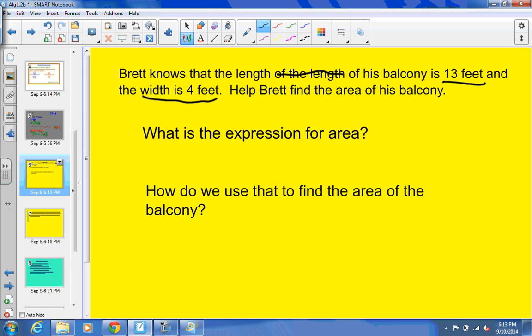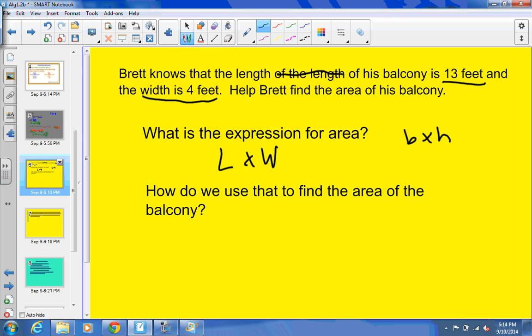You're probably thinking, well, area is length times width, so obviously it's 13 times 4. But what you're really doing is evaluating an expression. So what is the expression for area? We think of length times width. You might also think of base times height. Both are acceptable. In this case, the words in here are length and width, so we're going to use length times width.